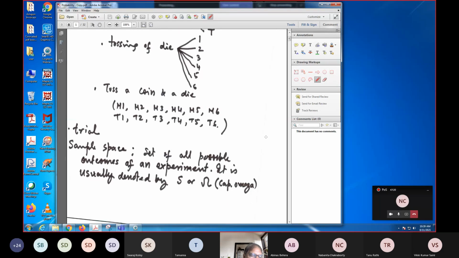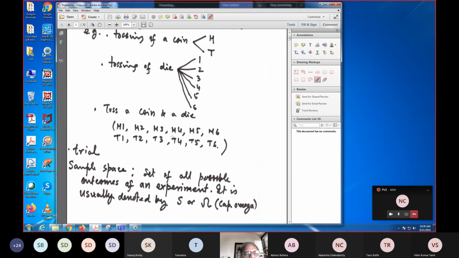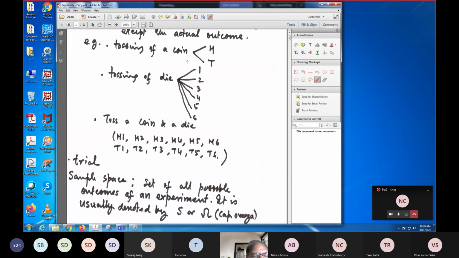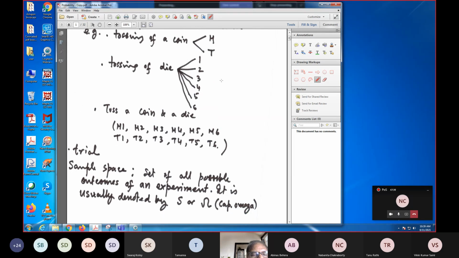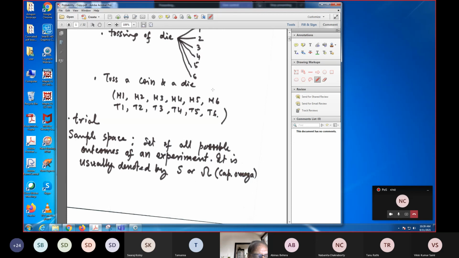Then we have the sample space. What do we mean by sample space? When we put all the outcomes in the form of a set, meaning two curly brackets with the outcomes put in between, it becomes a set. So the set of all possible outcomes of an experiment is known as the sample space.